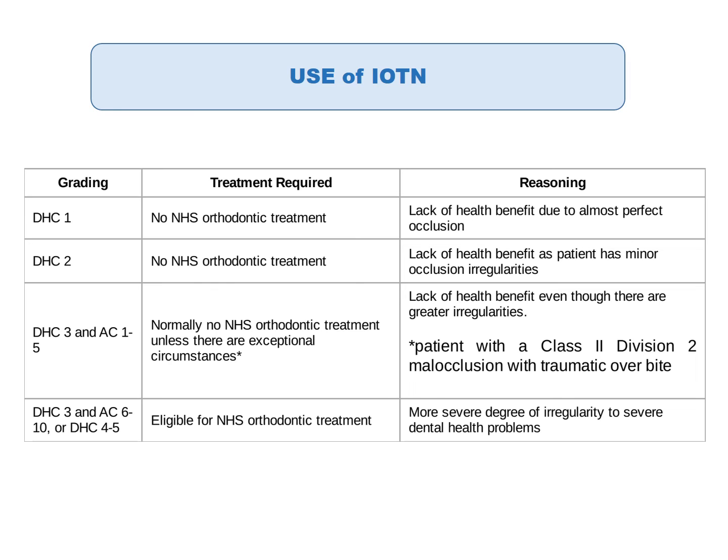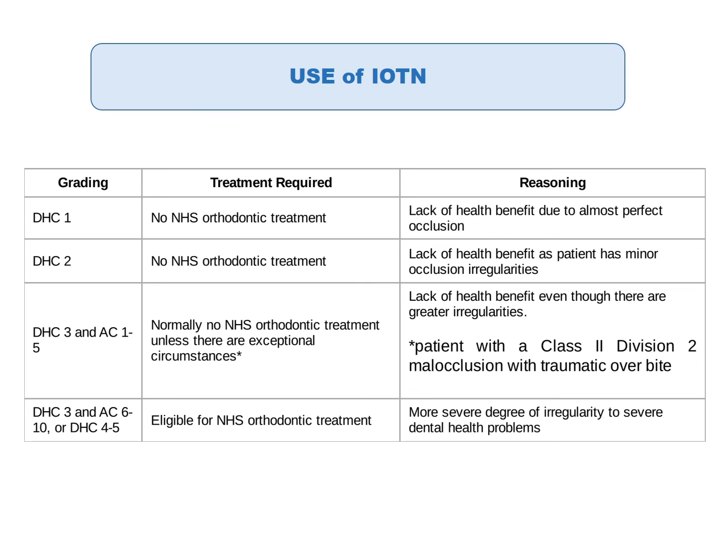Now, if DHC 3 and AC 1 to 5, then normally there is no orthodontic treatment under the NHS unless there are exceptional circumstances, like a patient with class 2 division 2 malocclusion with a traumatic overbite.